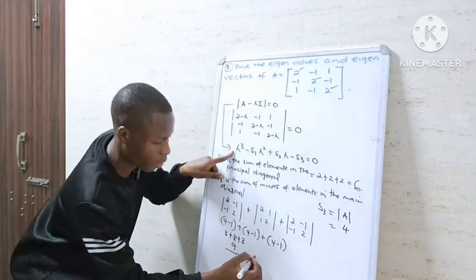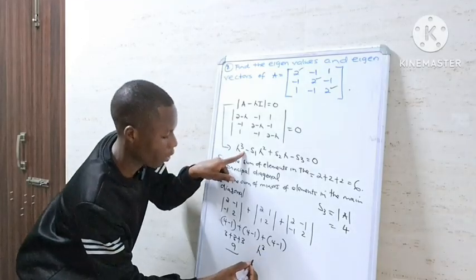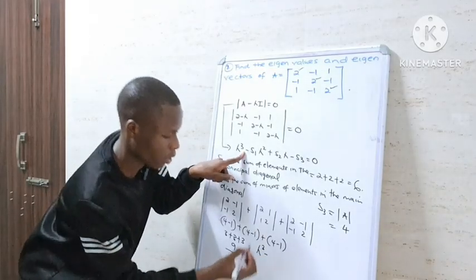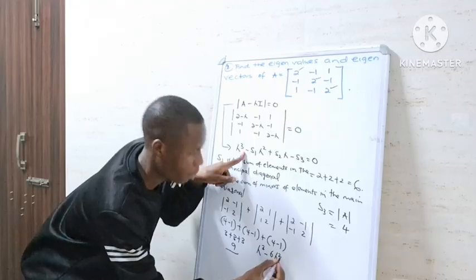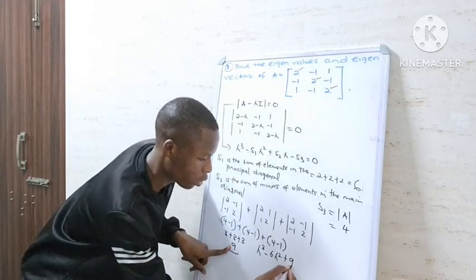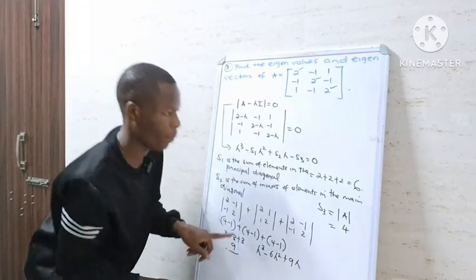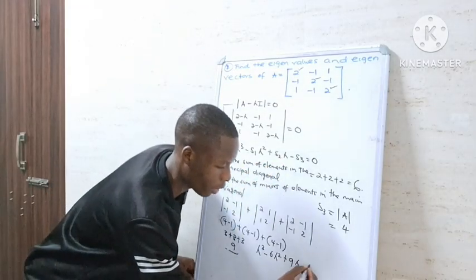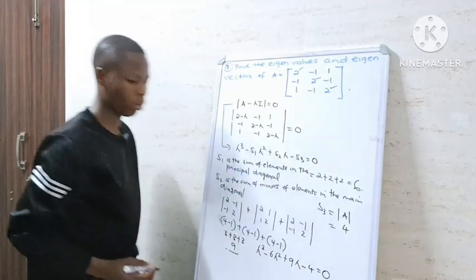Now this equation becomes lambda cubed minus S1, which is 6, lambda squared plus S2, which is 9, lambda, minus 4 is equal to 0.